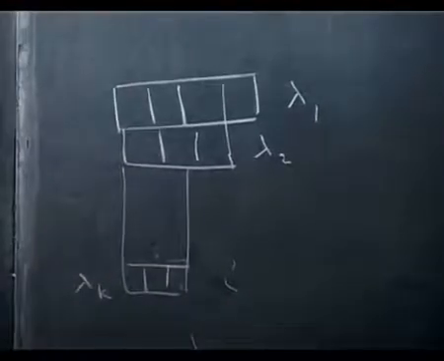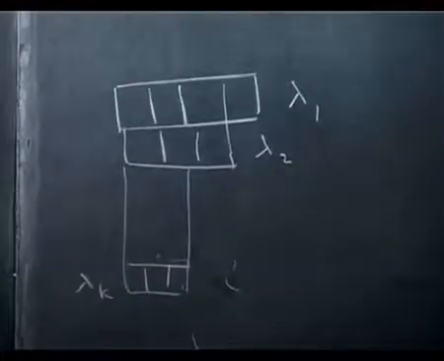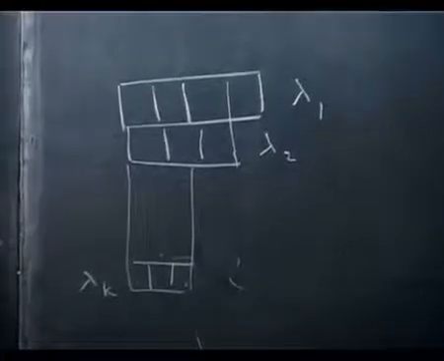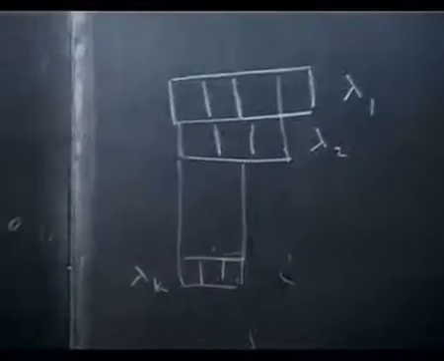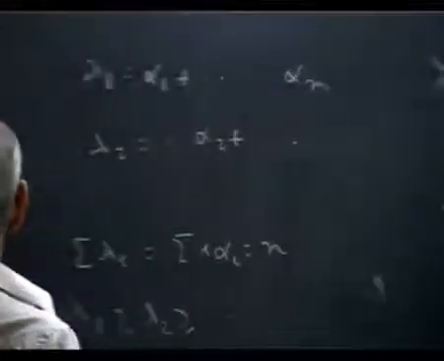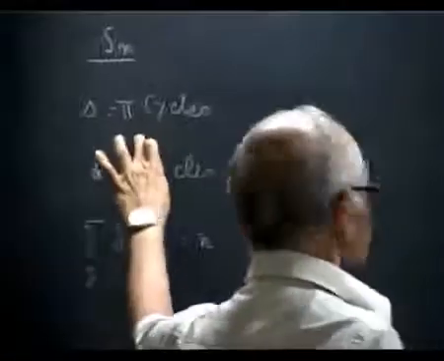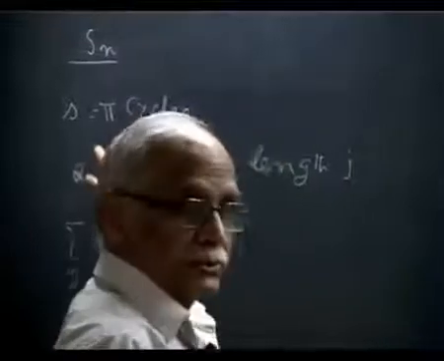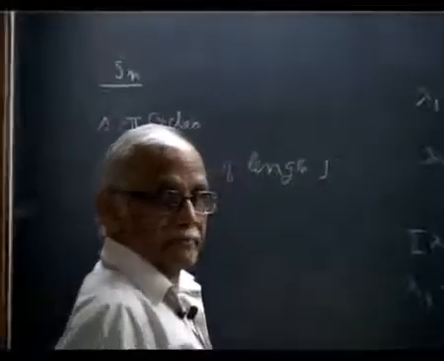So this is a Young frame. This is a characterization of a Young frame. It gives you the cycle structure of a permutation.